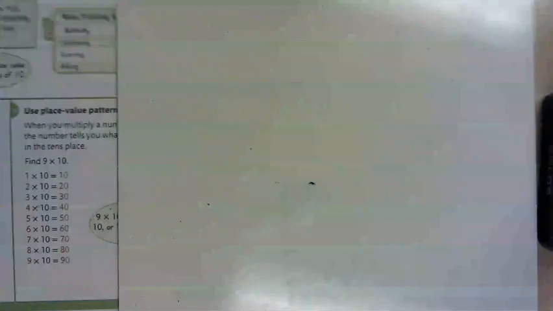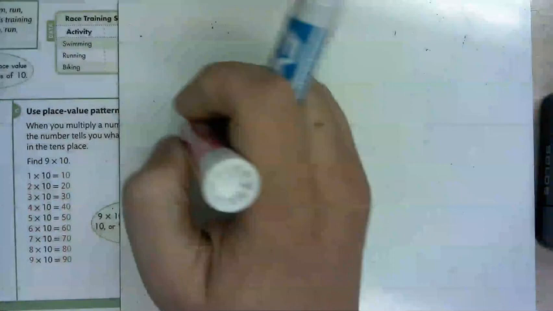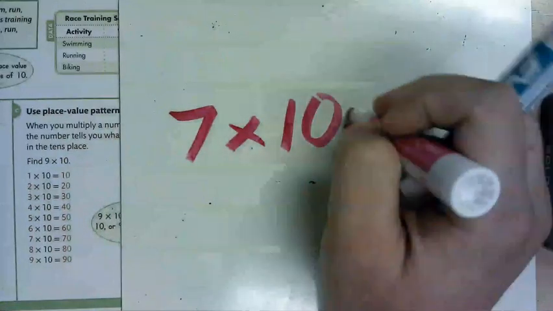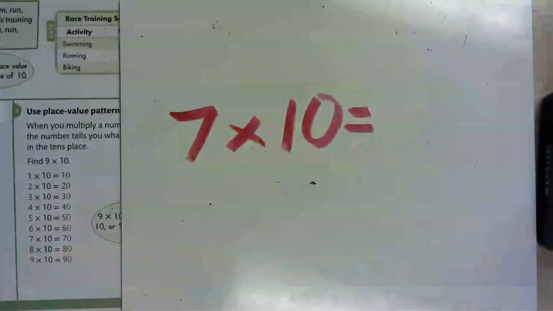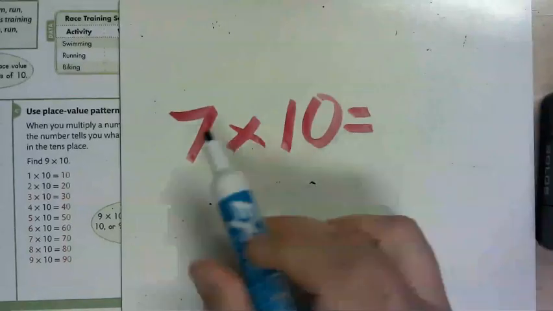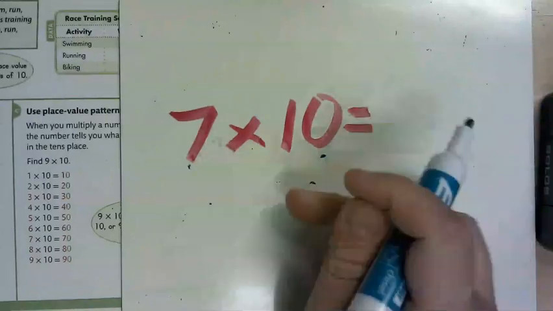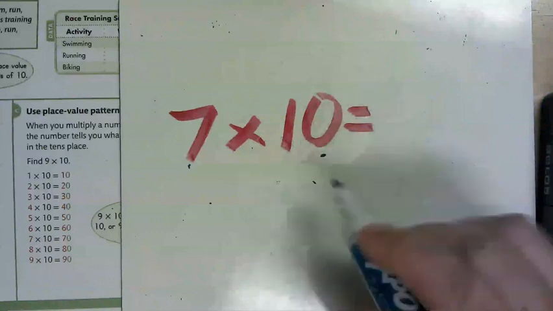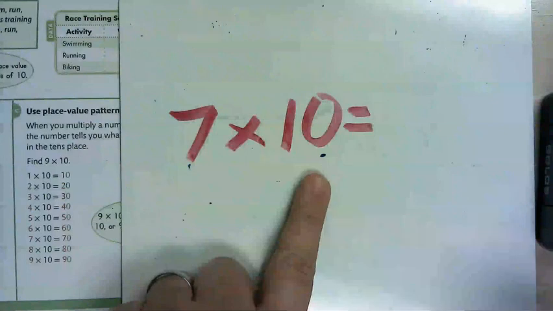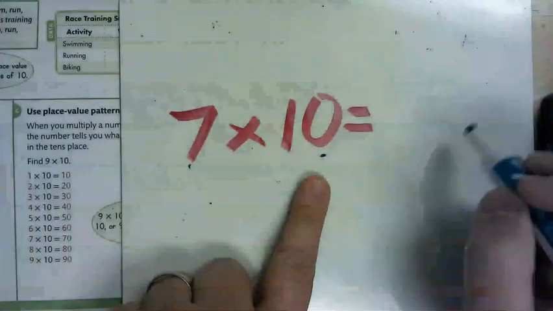Let's try another one real quick. This time, if I have 7 times 10, and you can see, again, on page 54 already, they've got it. But let's take a look at what does this really mean. Well, when I multiply, I'm going to start with my ones place, right? 7 times 0, because that's in the ones place. That's my 0 property. And anything times 0 is going to be 0.